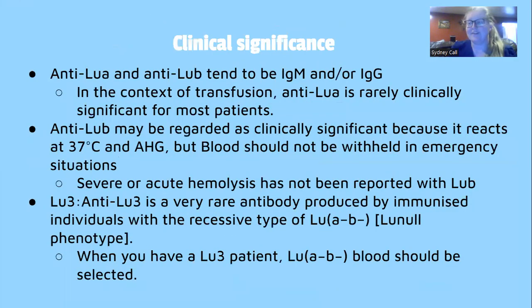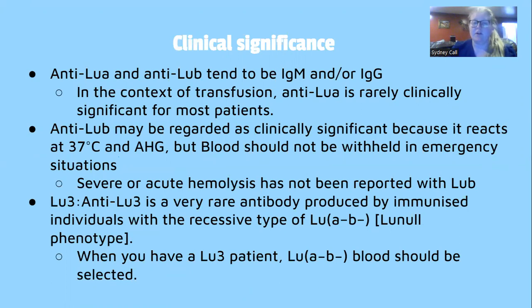Alrighty, so some clinical significance. Anti-LUA and anti-LUB tend to be IgM or IgG. In the context of transfusion, anti-LUA is rarely clinically significant for most patients. Anti-LUB is regarded as clinically significant just because it reacts at 37 degrees C and with AHG.